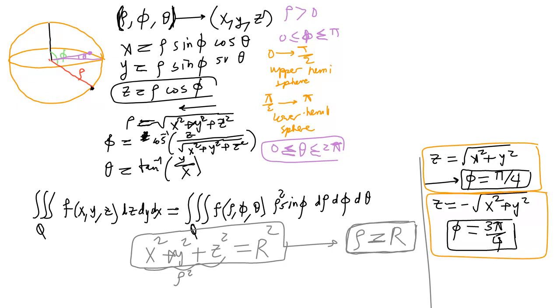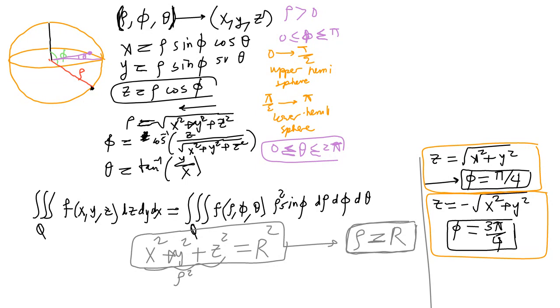Maybe some of you will ask, what about if z equals radical 2x squared plus 2y squared? What I need to do, in this case, is replace z with rho cosine phi, replace x with rho sine phi cosine theta, replace y with rho sine phi sine theta, and simplify.